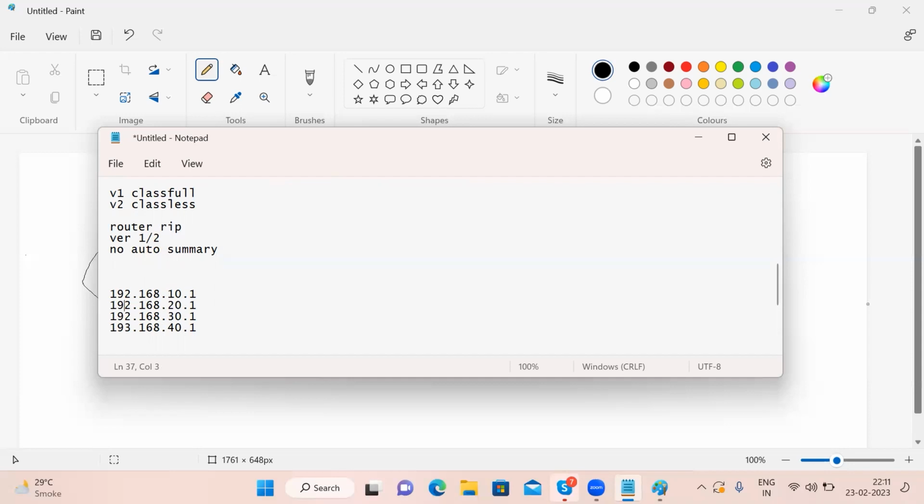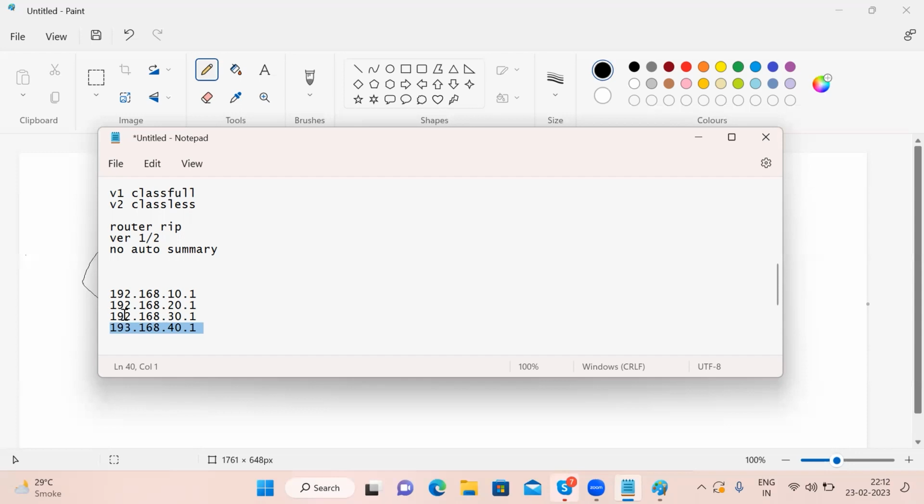By looking at it, the first three octets are the same, the second one is the same, the third one is different. But if you see the fourth one, which is dissimilar, this does not belong to a subnetwork of 192.